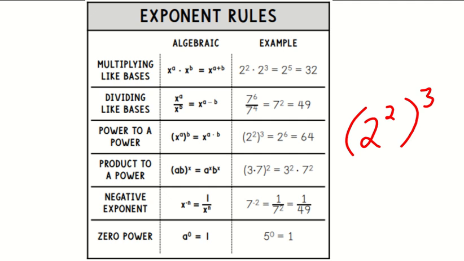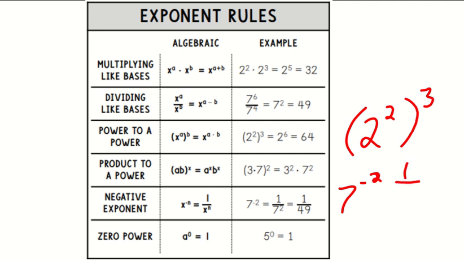If we have negative exponents, what happens with a negative exponent? You flip it. If there's a negative exponent on a denominator, it flips it to the top. If there's a negative exponent on top, it flips it to the bottom. And once you flip it, it becomes positive. So the example here, we've got 7 to the negative 2 power. It flips it over.